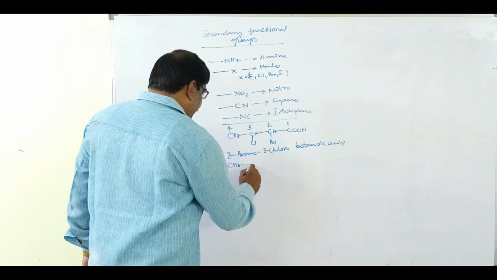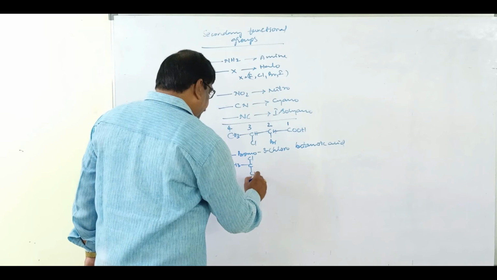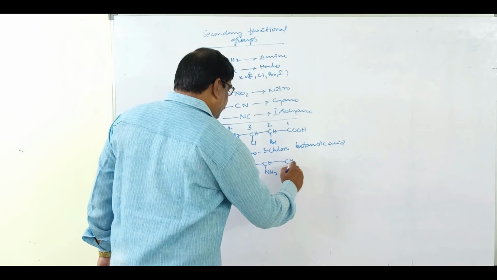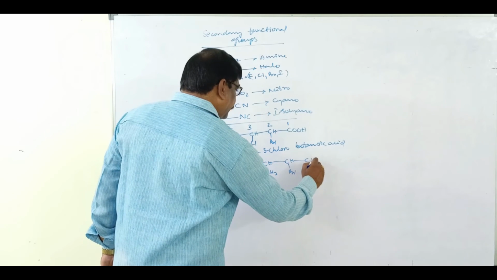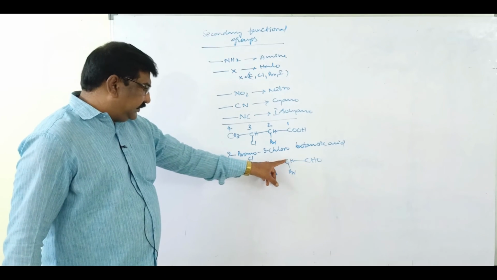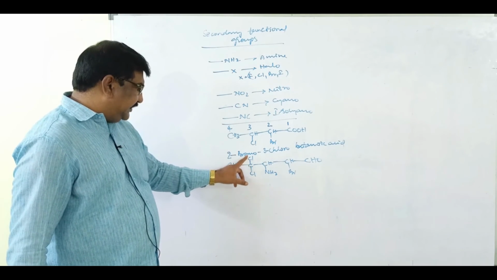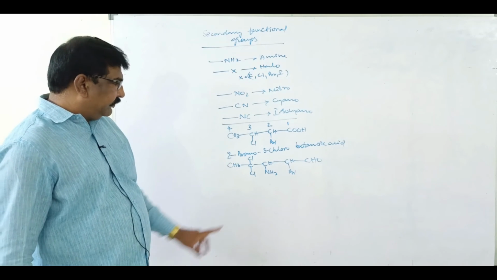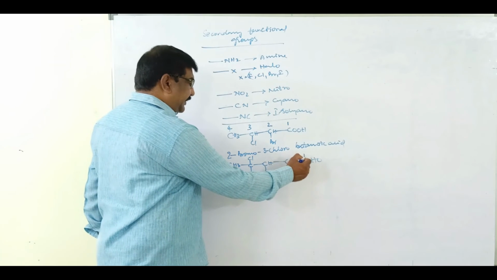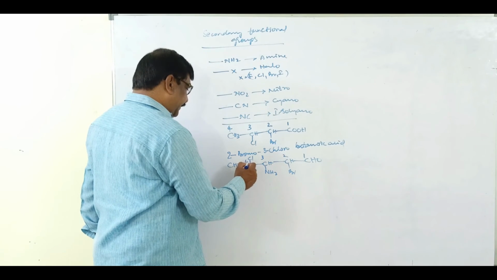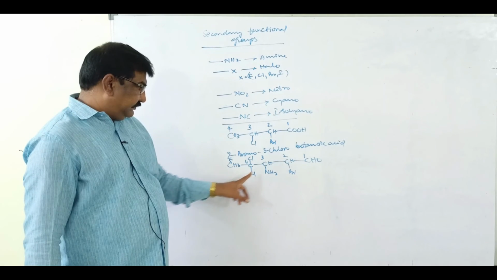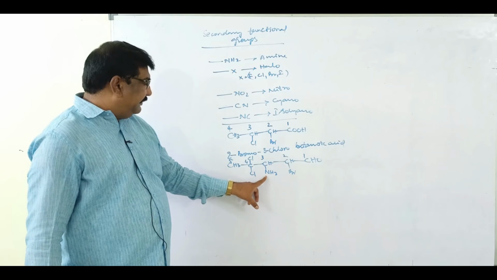One more example. Let us consider this example: CHO, CHBr, CHNH2, CCl2, CH3. CHO is a principal functional group, so you should start numbering from this side. Now what are the substituents present on the main chain? Bromo, amine, chloro.